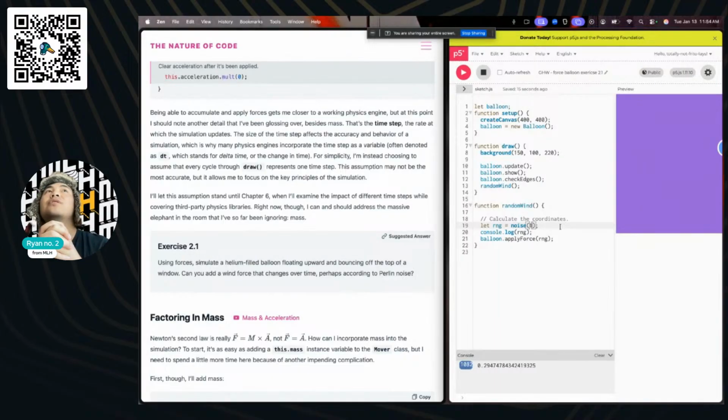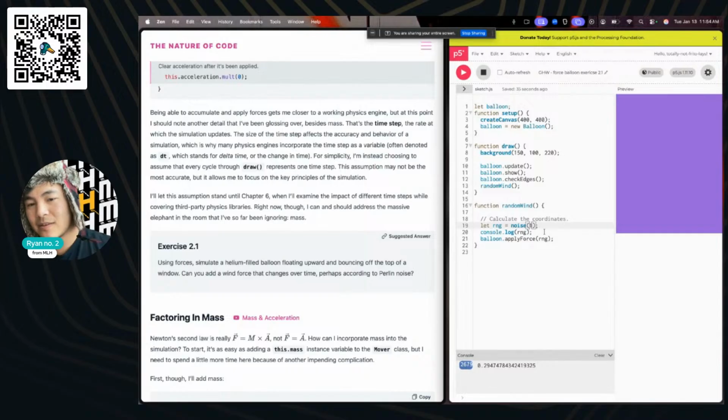Noise as a function, that randomness done inside of computers, is basically just a math function. And there's a whole bunch of math behind this. It uses calculus and derivatives and such to produce a single value so that the randomness isn't all over the place, so that it's actually smoothed out.